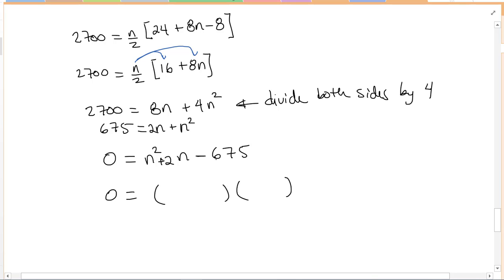When you divide by 25, you'll see that 25 times 27 gives us 675. So this factors into n plus 27 and n minus 25.